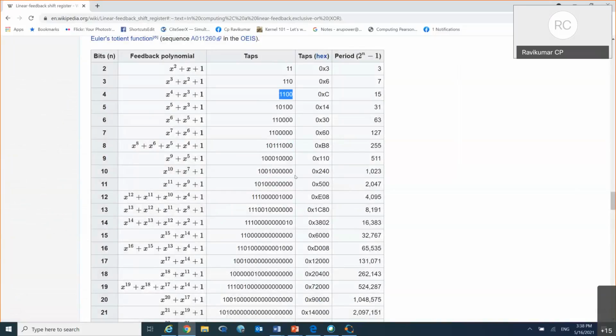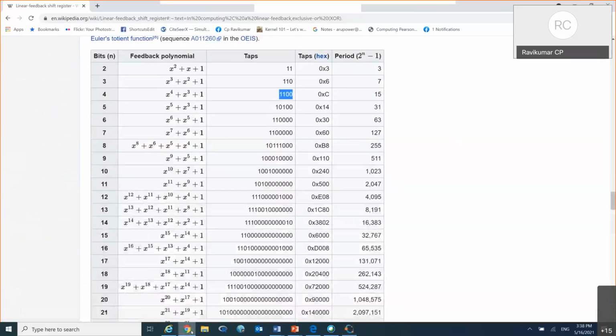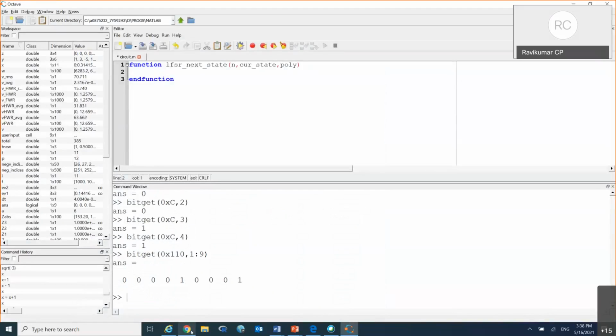Similarly, I can do bitget of, let us say, 0x110. And how many bits are there? There are 9 bits. So I can write 1:9 here. This will give me the sequence.